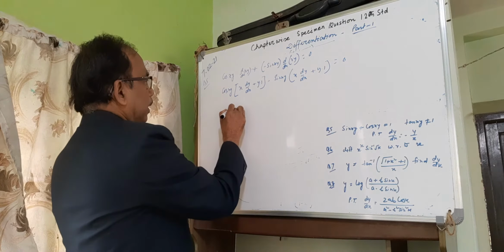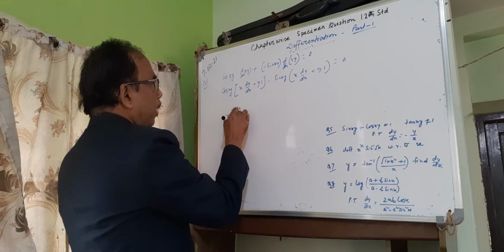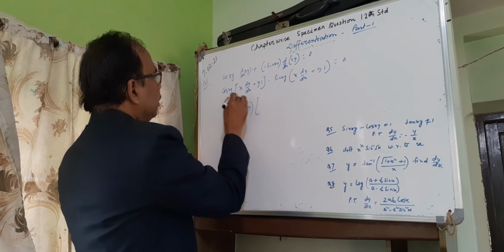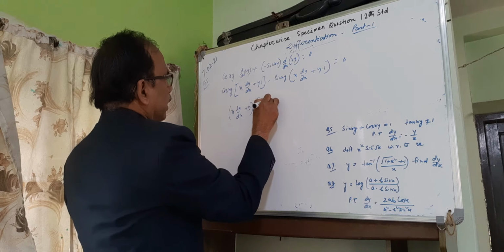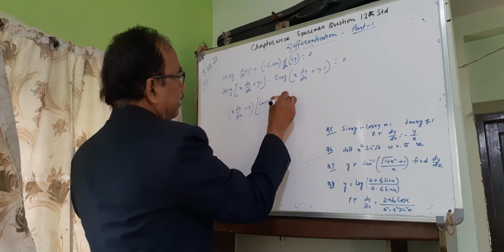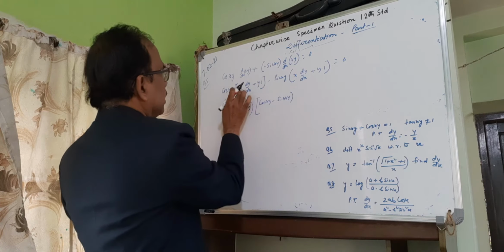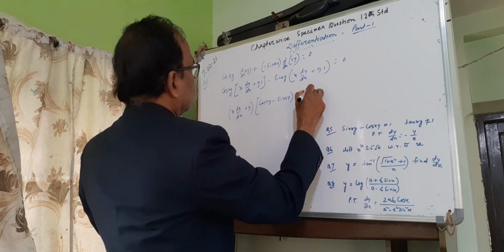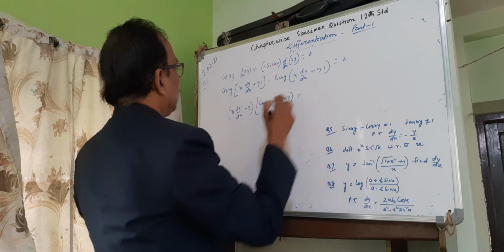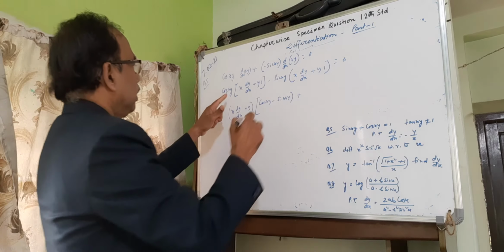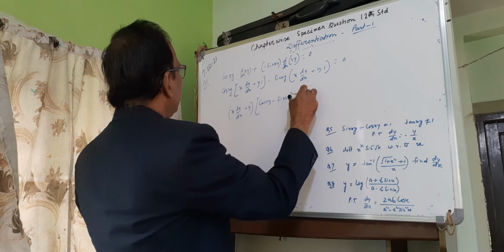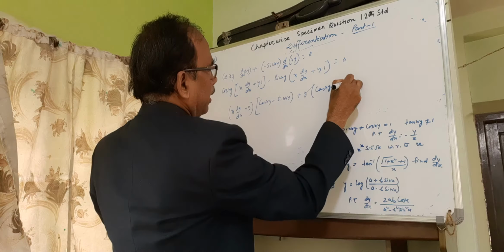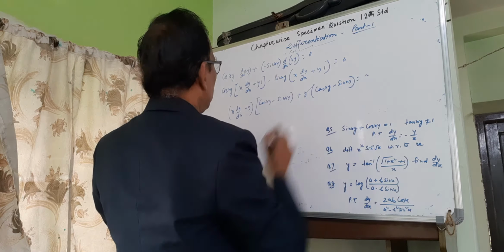Then, x dy/dx plus y. Taking common, here is cos xy minus sin xy, this with this and this with this, plus here y is common, cos xy minus sin xy equals 0.